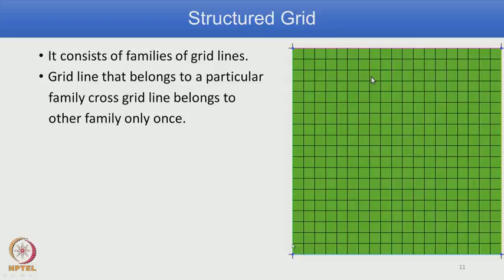If you look at this figure, a horizontal line belonging to one family crosses a vertical line that belongs to another family at only one location.